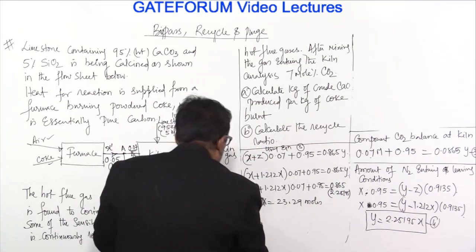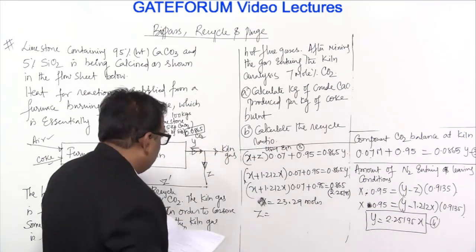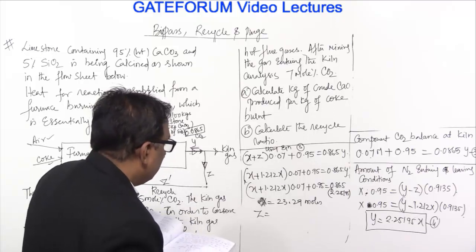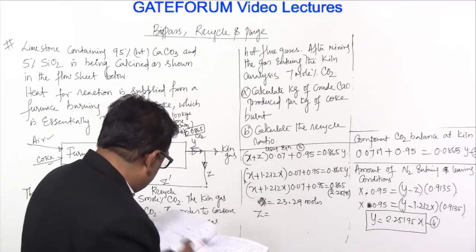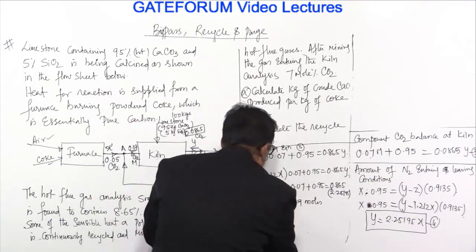23.29 moles, and z is equal to, what is z? Okay, we have the relation between z and x.